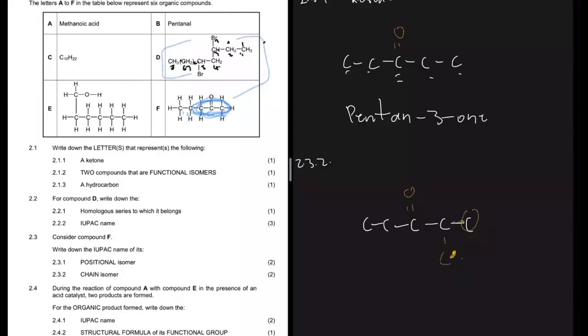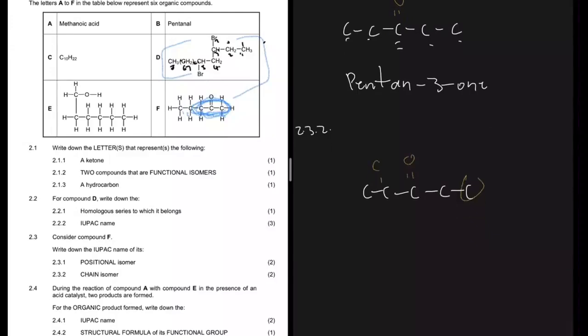So you'll start counting from 1, 2, 3. So it will remain the same ketone. But then if you don't do that and you take this carbon here and then you put it here, you're thus going to get a different chain, a different name, but still the same molecular formula. Maybe there's another way that I'm not seeing that you can use, but as long as you play around with it, it has a different name, it still has the same molecular formula, then you're good to go.